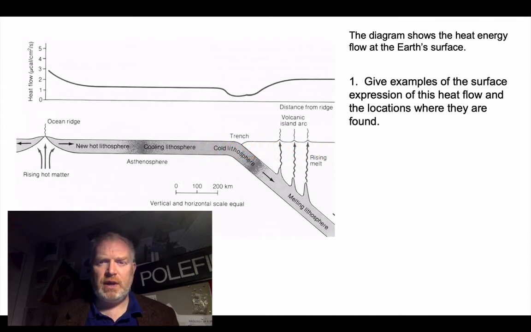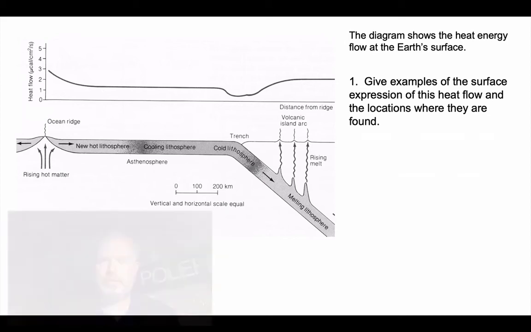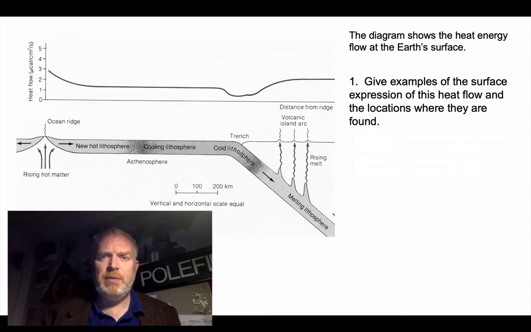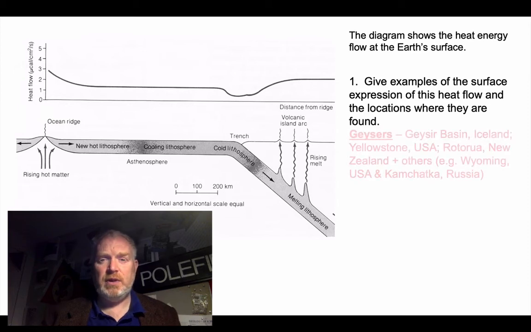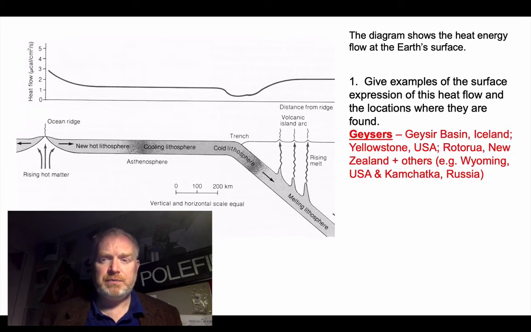The first question asks for examples of the surface expression of this heat flow. What do we actually see at the surface that's caused by the internal heat and the flow of internal heat from the Earth? There are 3 key pieces of evidence, I think. Firstly, geysers. They're relatively unusual features at the Earth's surface, but places where hot water is actually thrown out of the ground into the air.